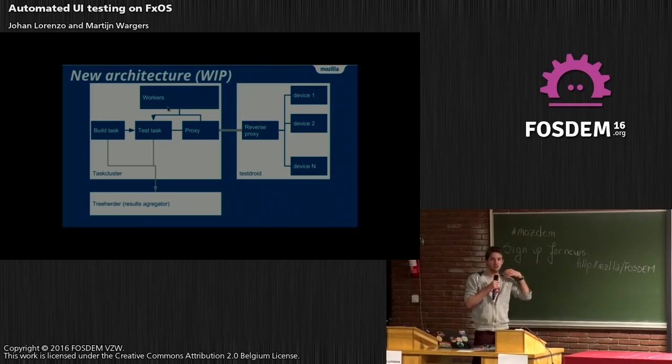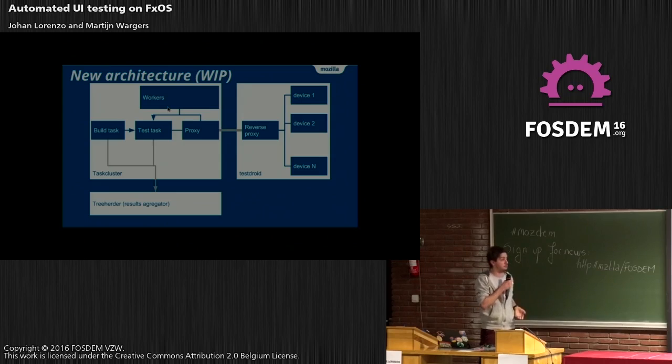We have different types of configuration, for example, 0 SIM cards, 1 SIM card, 2 SIM cards in this device. We have 1 worker for each type of configuration, and the worker makes sure that this kind of configuration is available, and then wakes up a task created by the build task once it's ready.